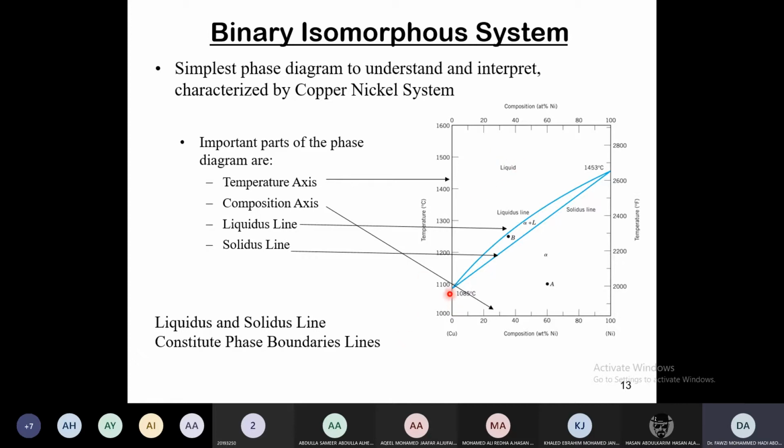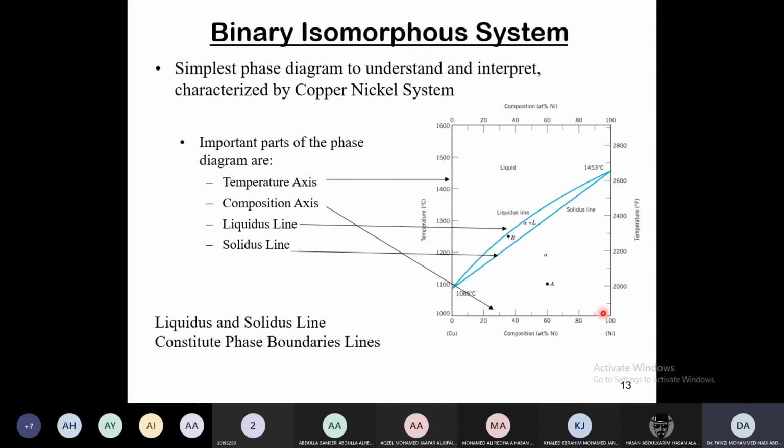So basically, the melting point of pure metals can also be determined by the phase diagram. What is the melting point temperature of pure nickel, for example? You can see it is much higher, is that point. Once you reach just above that point, which is 1453 degrees centigrade, the solid metal transforms into a liquid metal.